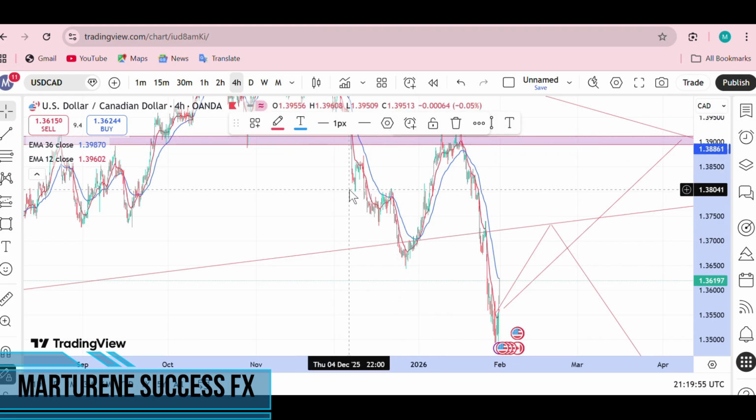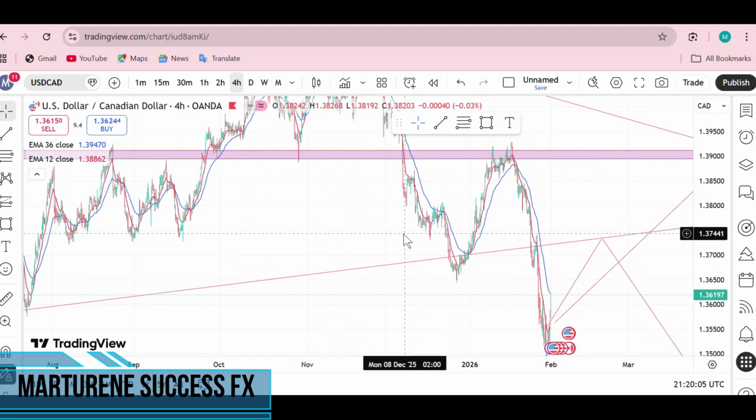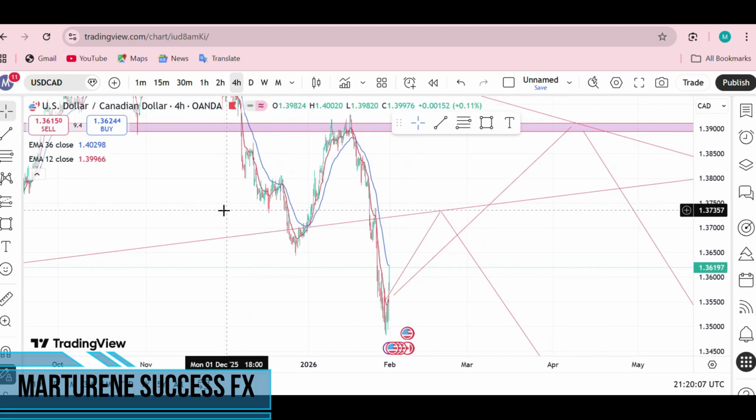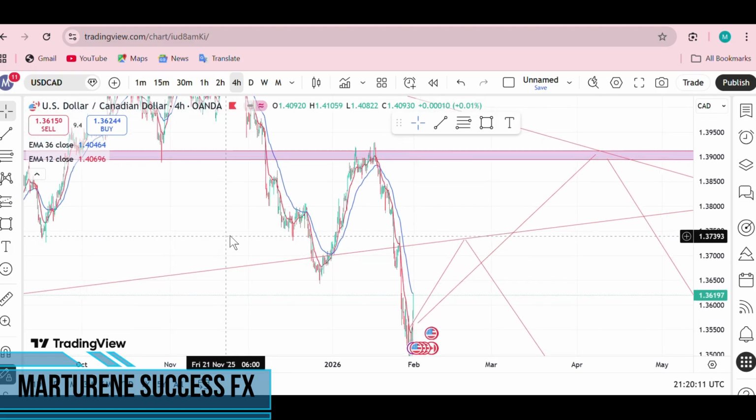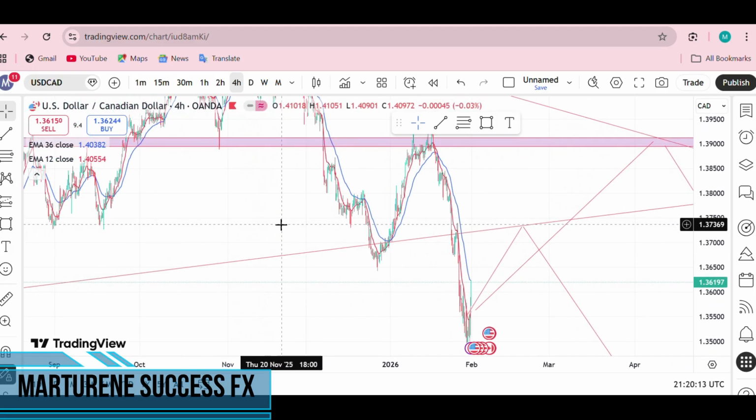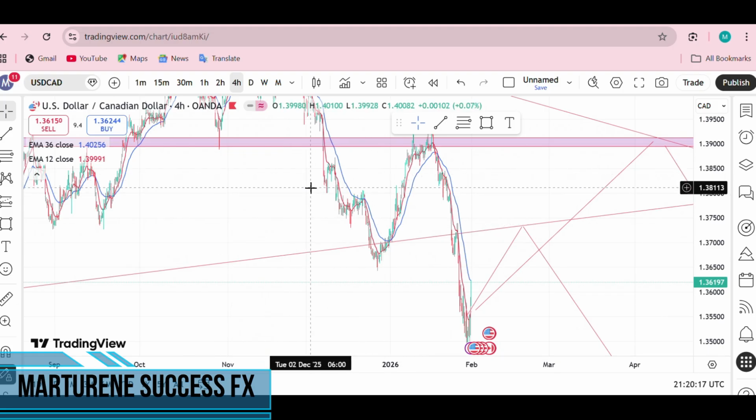Put all those factors together, and you are going to be profitable in 2026. So this is what I'm looking at, and I thought it wise to share with you so you guys can also check it out. I wish you all the best, and I hope that all these ideas will help you in trading.